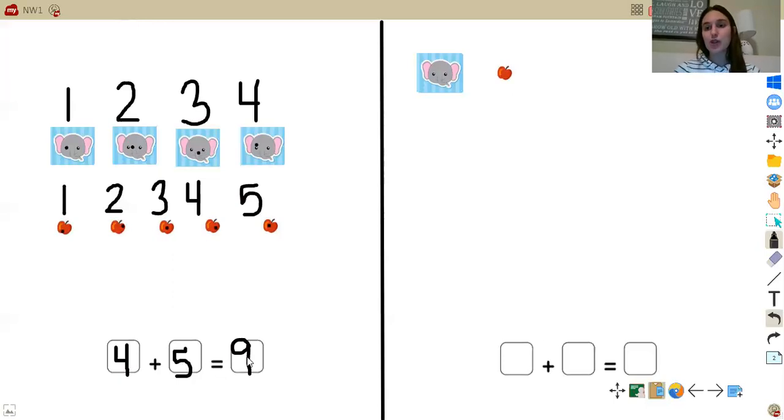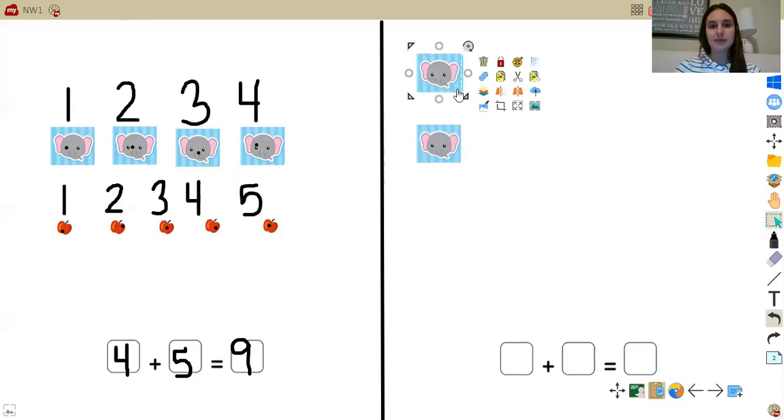So earlier I told you that there were multiple ways that you could make the number 9. So we're going to show you a different set of numbers that when added together still make number 9. I need to break my stickers apart and move this so you guys can see. Let's break the stickers apart.